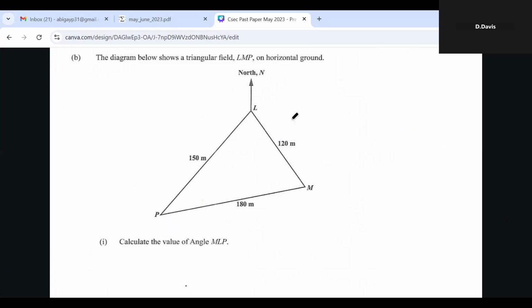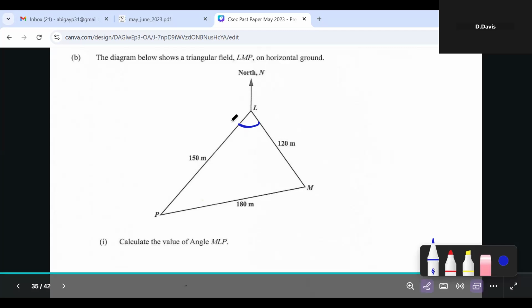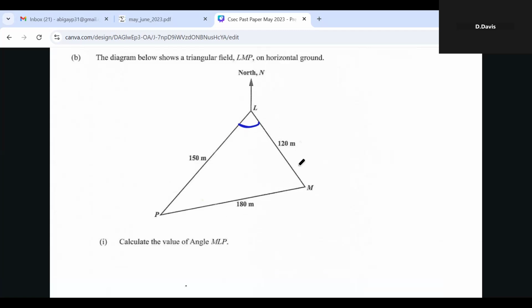So that is MLP. Oh, okay. So we are trying to find this angle right here. And this is a triangle. So we have all sides.